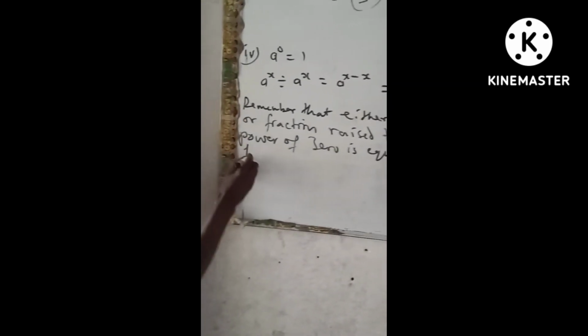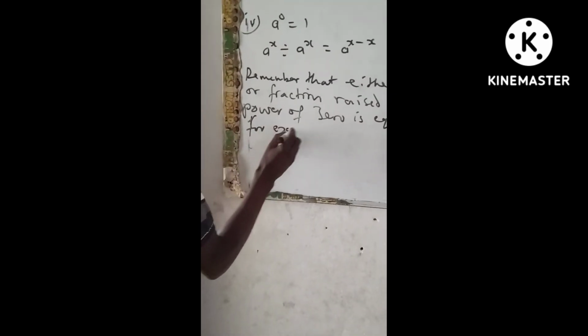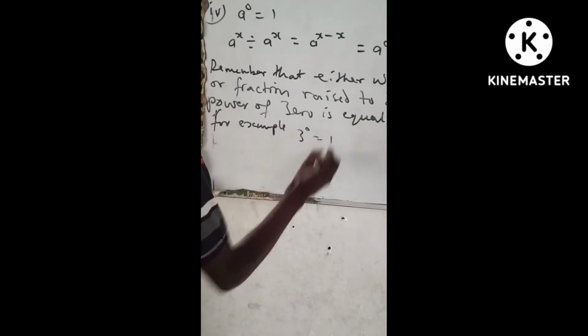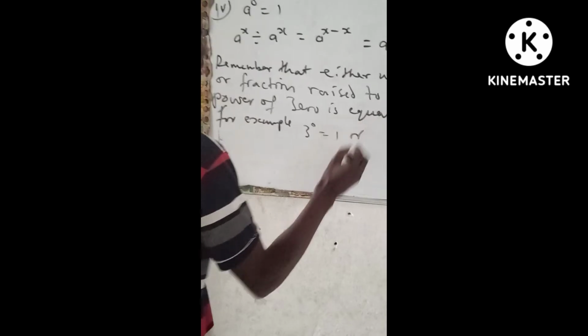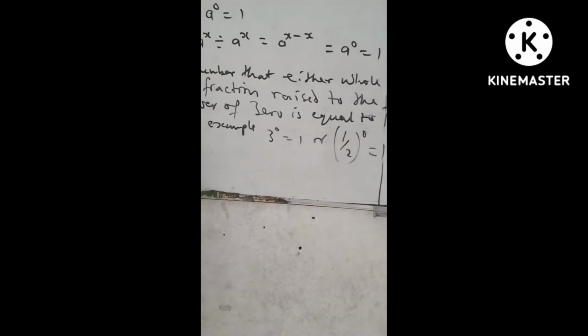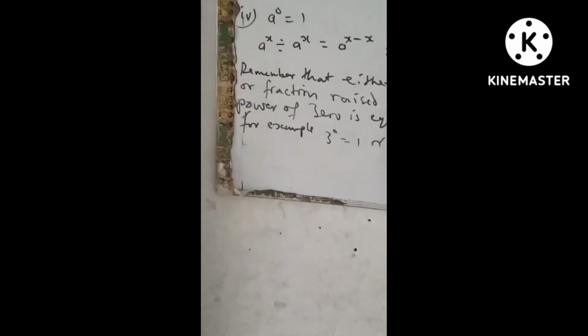For example, when you have 3 to the power of 0 is 1, or when you have half to the power of 0 is equal to 1. That's all about the fourth law of indices.